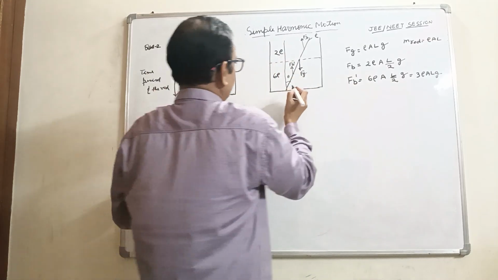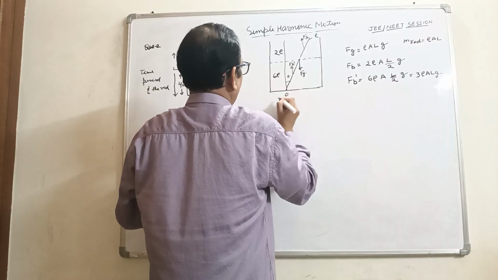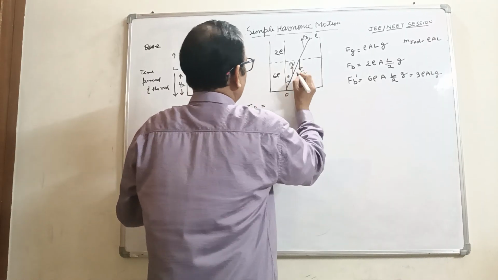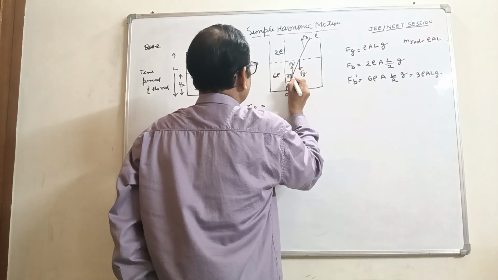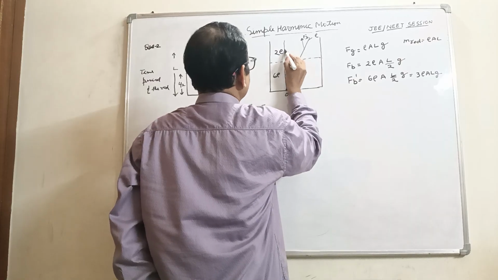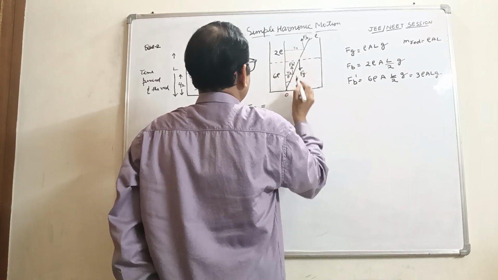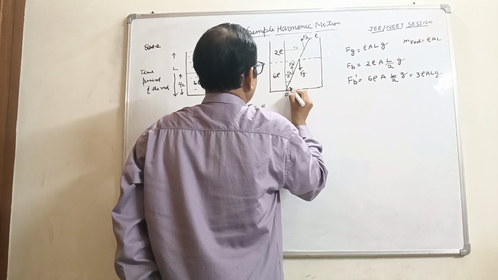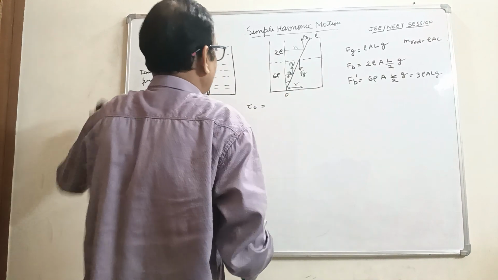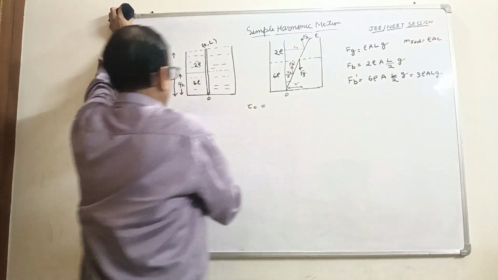Now we take torque at O. Suppose this distance is R1, this one is R2, and this distance from here to here is R. We calculate the distances.